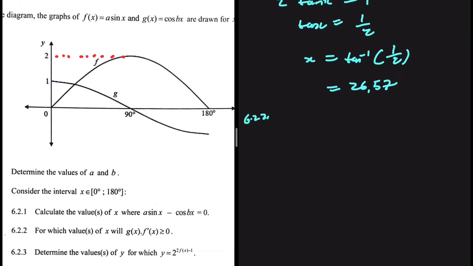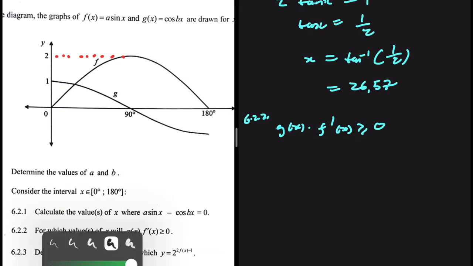6.2.2. For which values of x will g of x multiplied by the gradient of f of x be greater than or equal to 0? Let's go ahead to our sketch and do some constructions. Let's look at g of x first. Where is g of x positive and where is g of x negative?